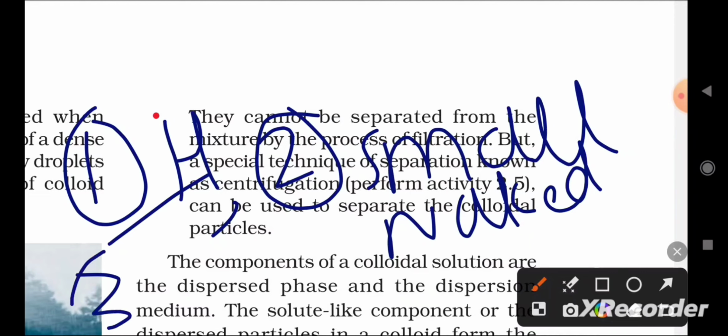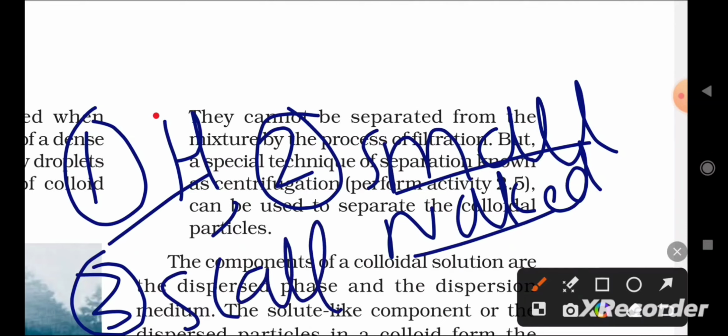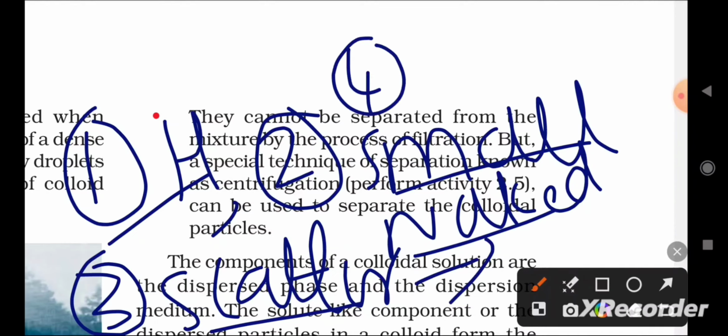Third point, the size is so small, but the particles scatter the beam of light, so we can see the path of light. Third point is very easy. Fourth point, if the solution is left undisturbed for some time, it will be a stable solution.